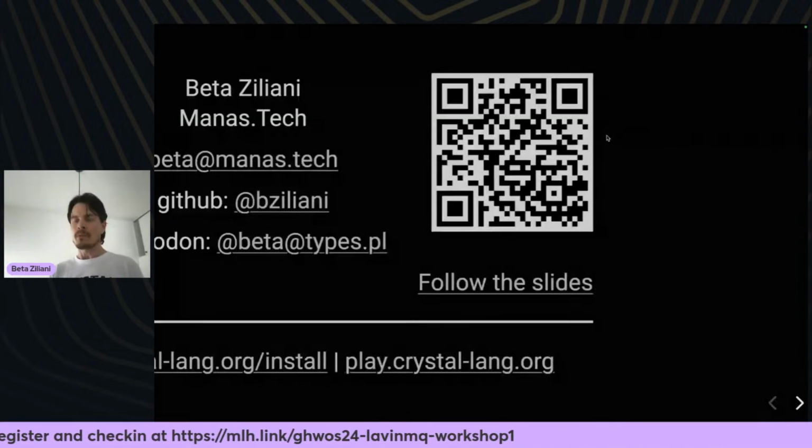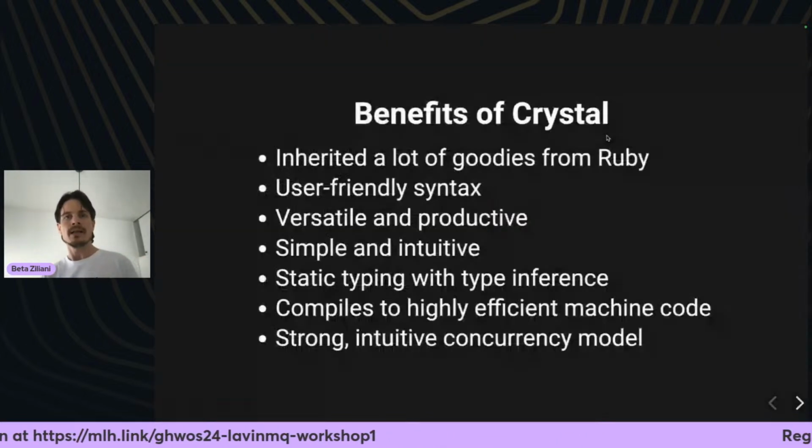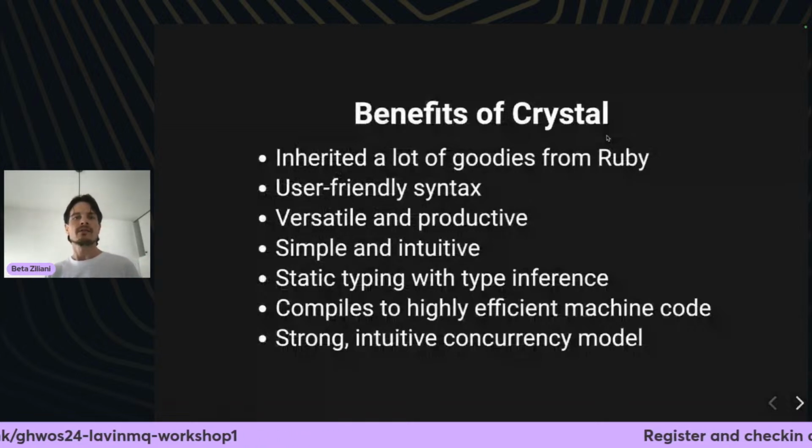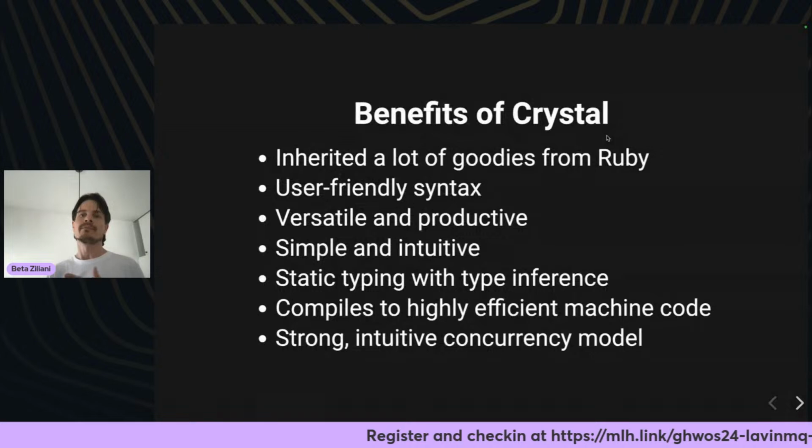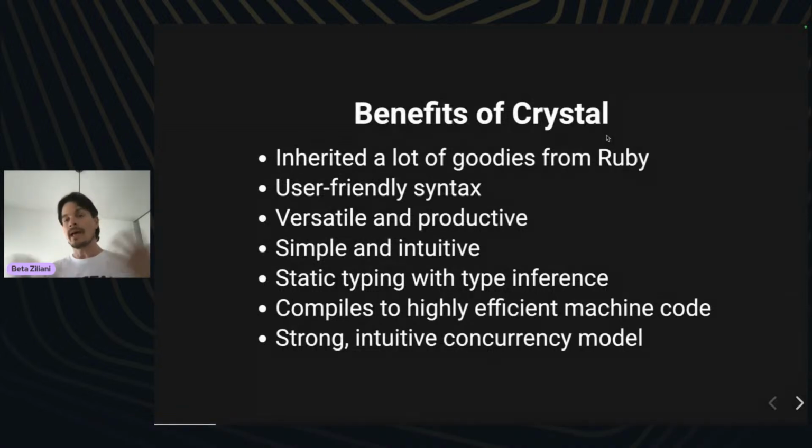So, why would you want to learn Crystal? For us, Crystal has a lot of goodies, and some of that comes from the inheritance from Ruby. We like Ruby, and we said, hey, we would like to have a language like Ruby, but with some more stuff. So we inherited the syntax from Ruby, and if you like Ruby, you will like Crystal's syntax.